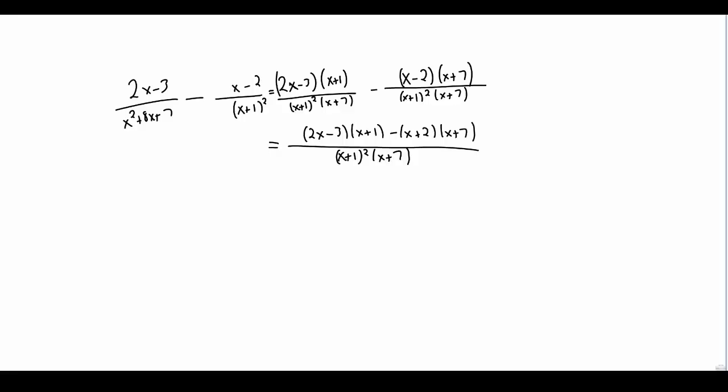And we may be tempted here to cancel the x plus 1. Let's write this down. This is not a rule. You cannot cancel factors in a term.